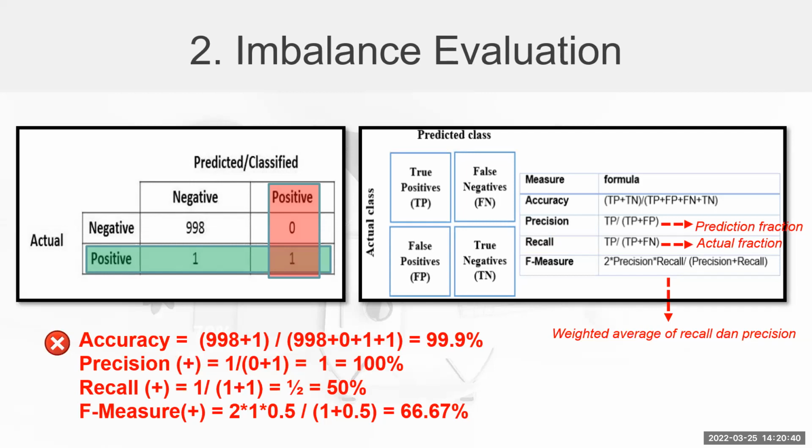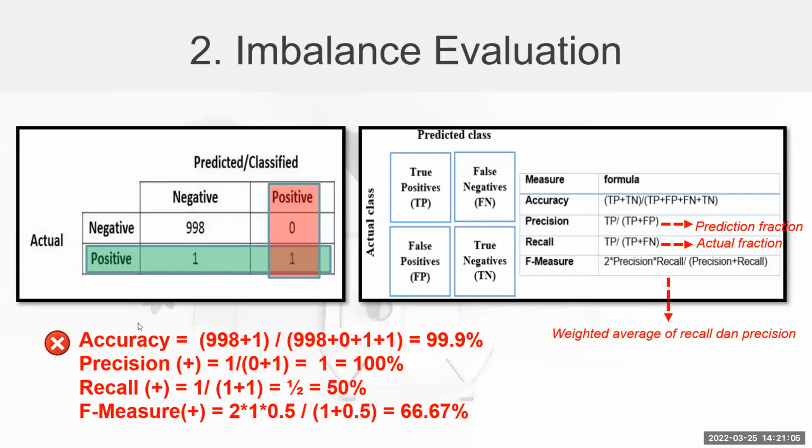The negative usually represents the majority class. But we can change the order, that's not a problem. Assume in this confusion matrix, the positive is for fraud and the negative is for no fraud.